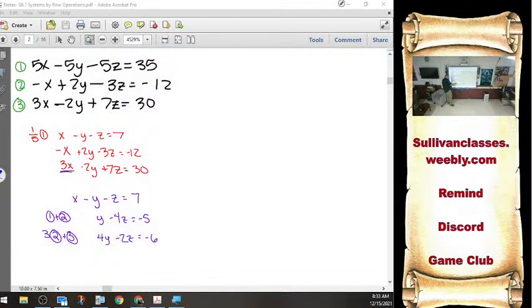So I'm going to take this row times a negative 4 and add it here. So that's my last stage. I'm not touching this. I'm not touching this. Regular y.